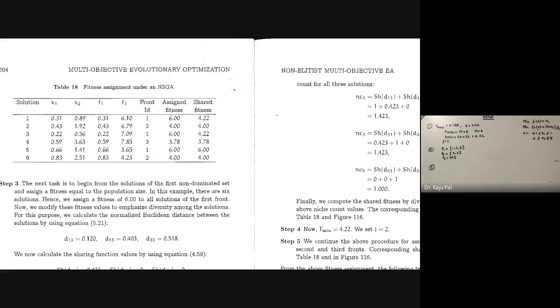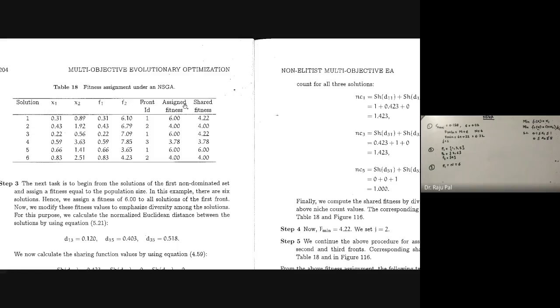The fitness assigned to front 1 solutions is equivalent to n. We have 6 solutions, so F1 is equal to n, which is 6. The solutions in the first front, that is solution number 1, solution number 3 and solution number 5, are assigned the fitness value 6.